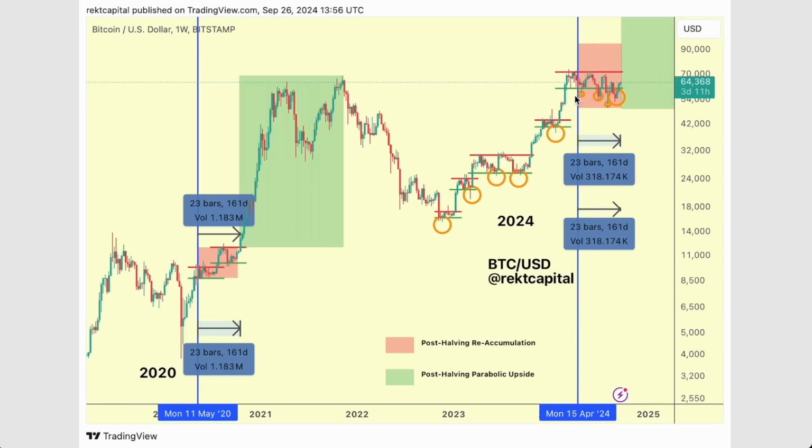So these reaccumulation periods, they do tend to last a certain amount of time, and historically we've seen them last a very specific amount of time. In 2020, just notice how the reaccumulation phase lasted 161 days. To be absolutely exact, it was 163 days before we broke out from this reaccumulation phase, which is marked in red, the post-halving reaccumulation phase preceding the post-halving parabolic phase.